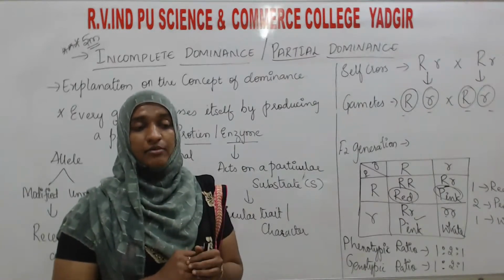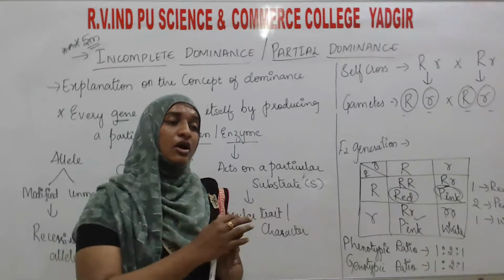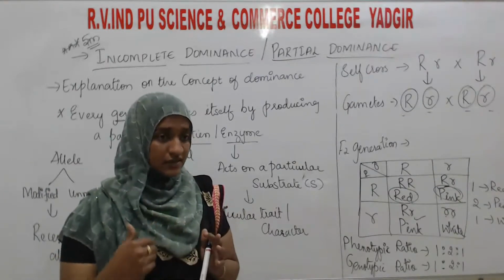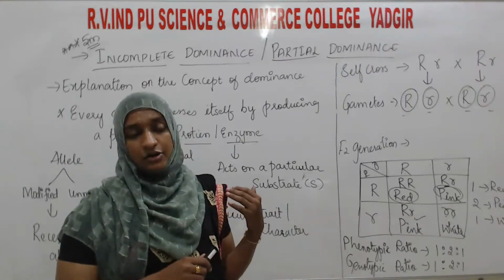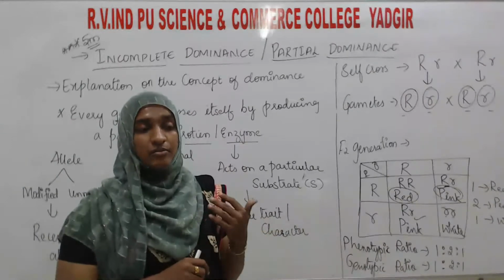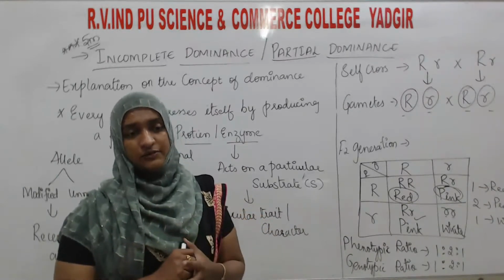In the incomplete dominance, one allele or one gene is incompletely dominant over the recessive. But in the codominance, both the alleles are dominant over each other, or both the alleles are expressing.